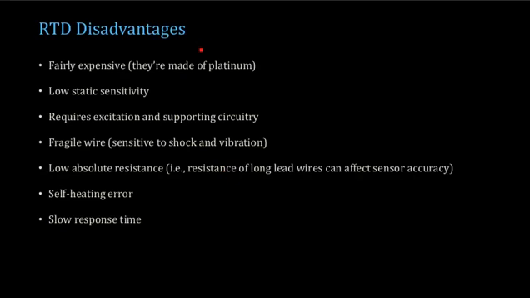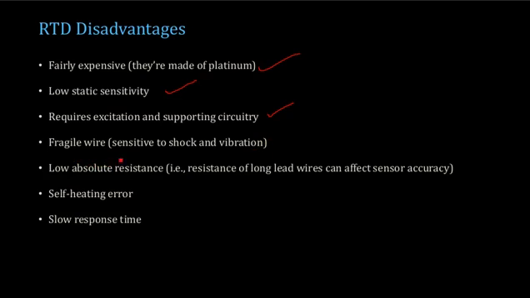Now, some of the disadvantages: they are expensive in case of platinum, and they have low static sensitivity, that is, sensitivity is low when it is used for measuring one particular static value of temperature. It requires excitation and supporting circuitry because it is a passive device, it's a resistor, so it needs supporting circuitry to get the output measurement, and it is very fragile since you are making it into very thin wires.